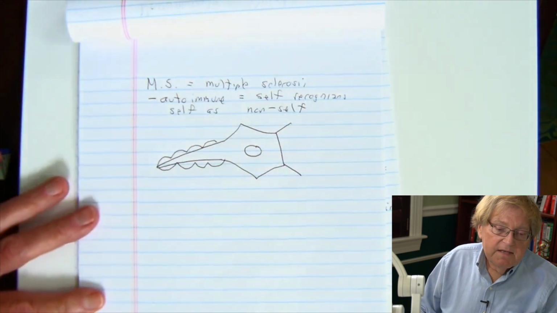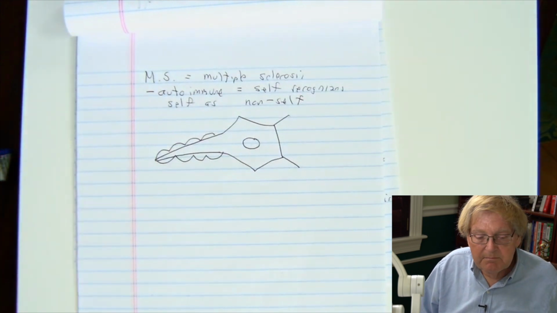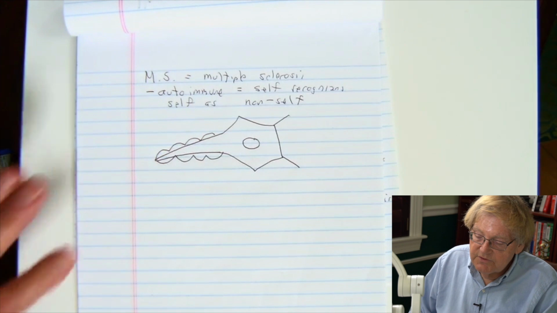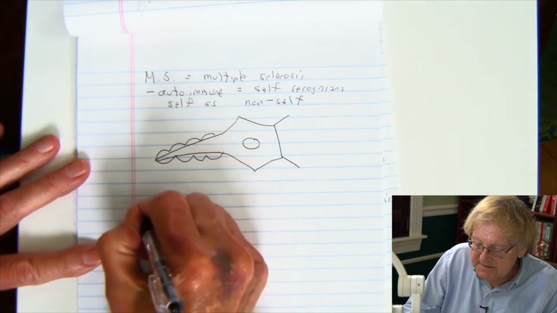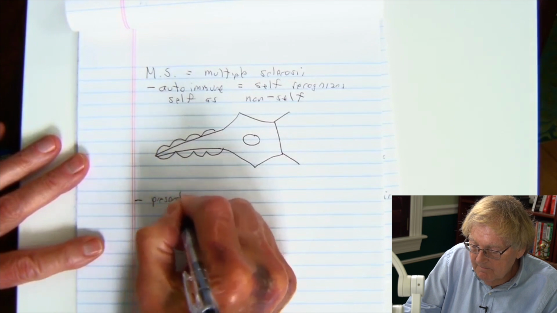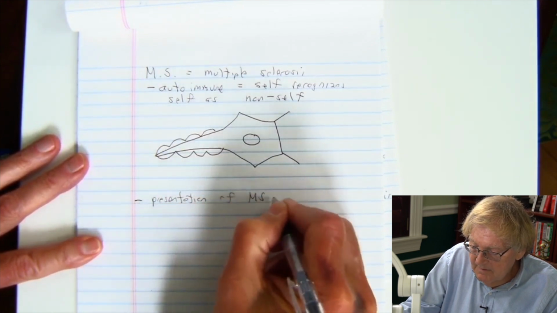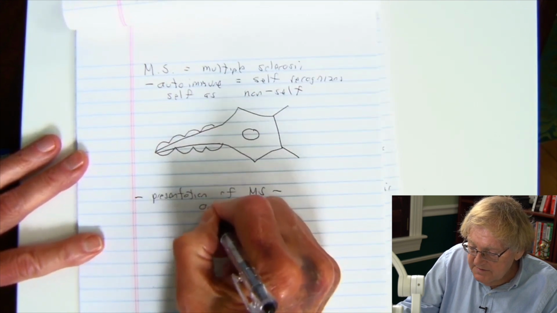And if you think of MS, how it usually presents itself, and I talked a little bit about that when we did bones, I told you that MS often presents itself, so the presentation of MS is oftentimes optic neuritis.